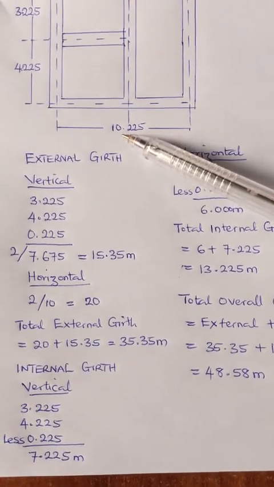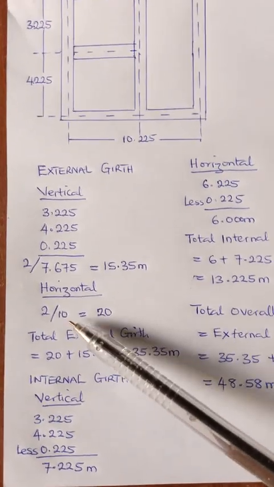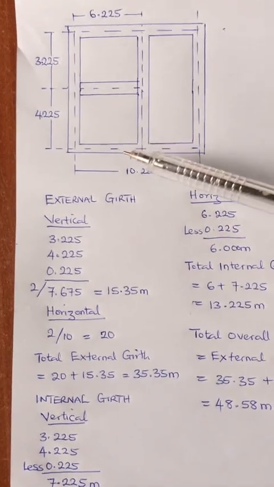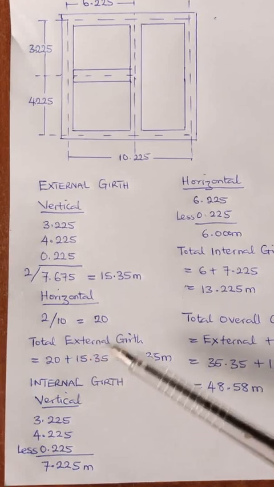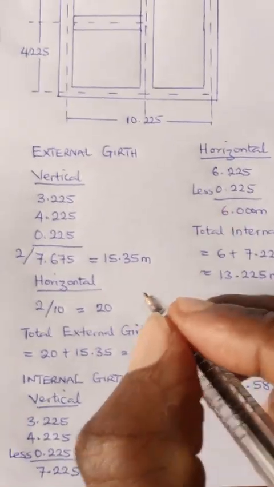So when you subtract 0.225 from 10.225, you have 10 meters. That is the 10 we have here. Then multiply by 2, that is this external and this external, so we have 20 meters.